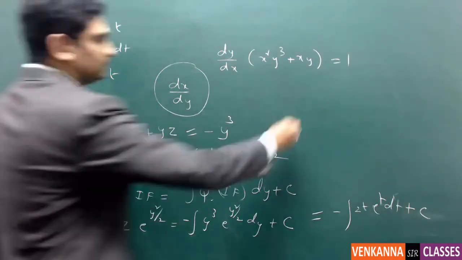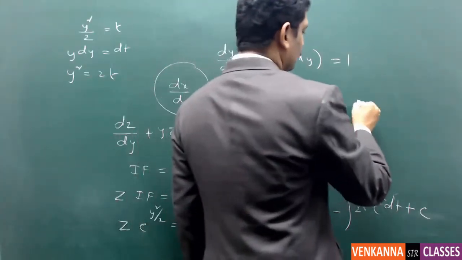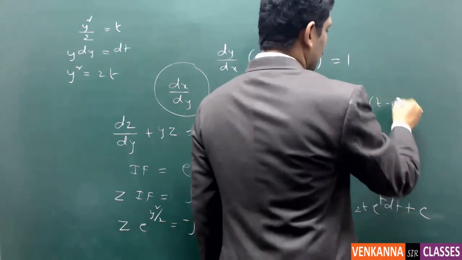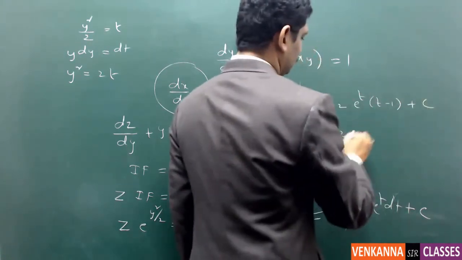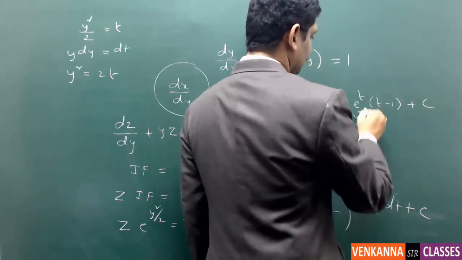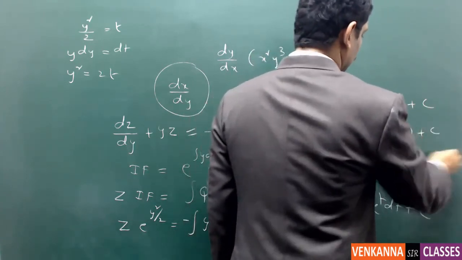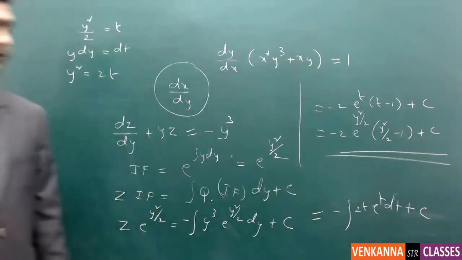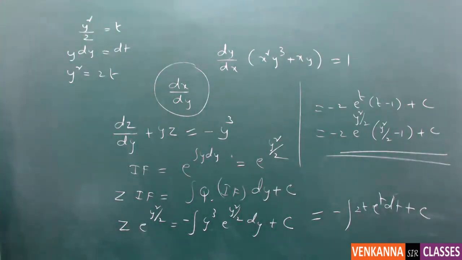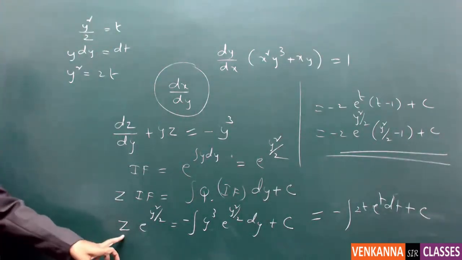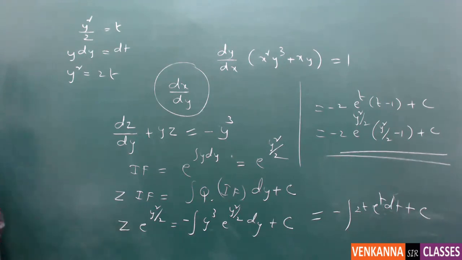So minus 2 into e power t into t minus 1 plus c. So that was the final answer. And in place of z, you can substitute 1 by x. It is nothing but 1 by x. So please take the answer one more time.